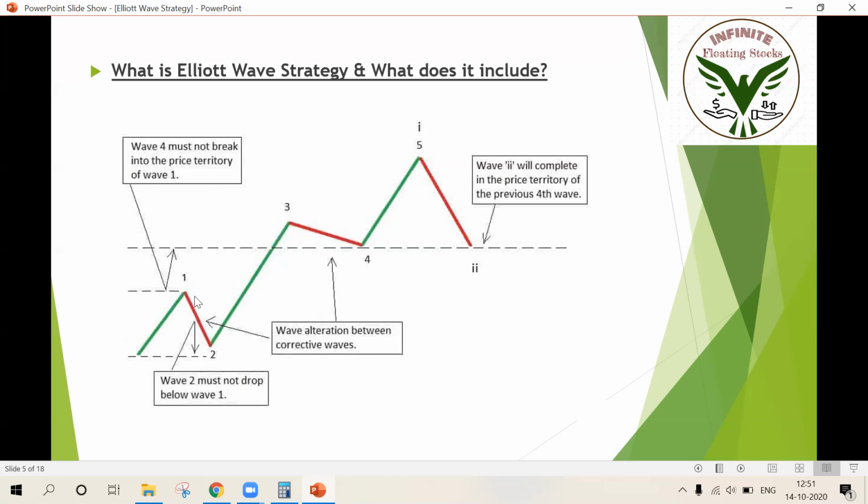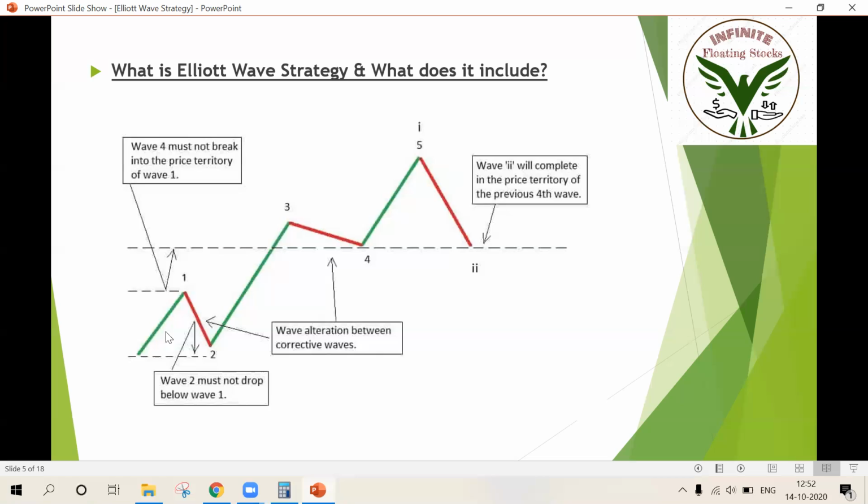I repeat, wave 2 dropped very sharply, but compared to wave 4, the drop is not very sharp. So you need to remember this thing.